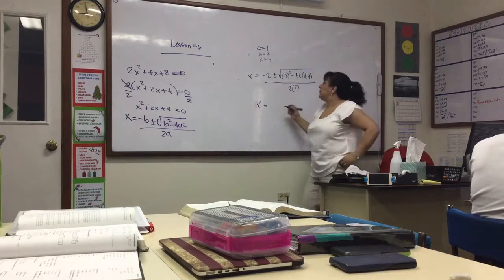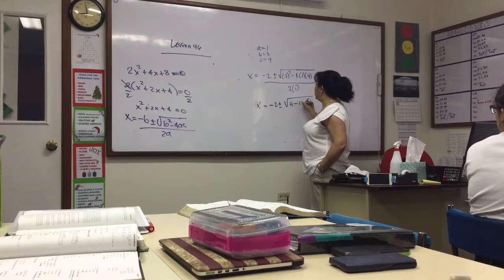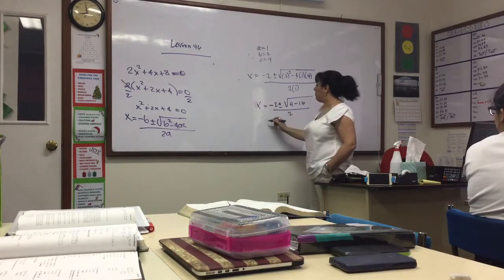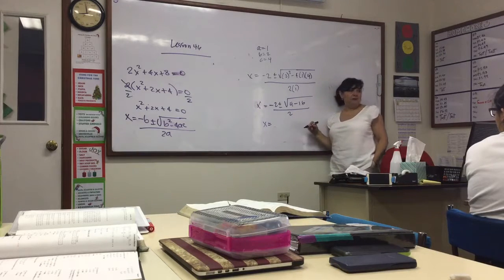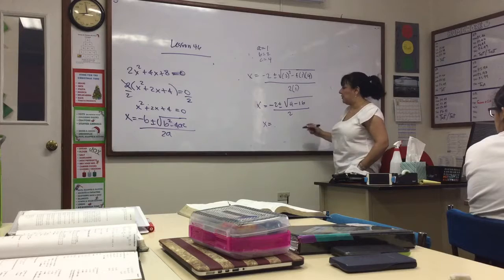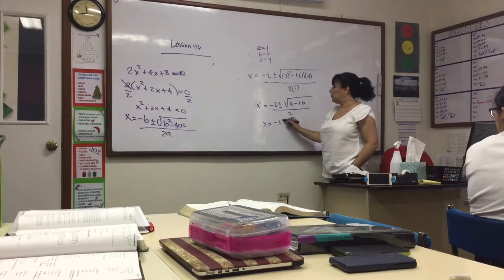So we've got minus 2 plus minus the square root of 4 minus 16, over 2. Can I cancel these two out? No. Why not? Because it's an addition. Or I can, but after I do this. So minus 2 plus minus the square root of negative 12.